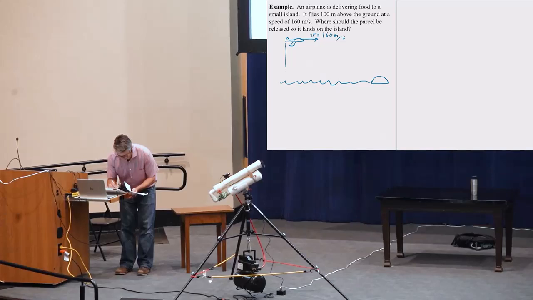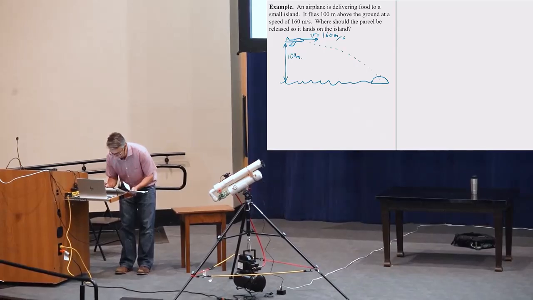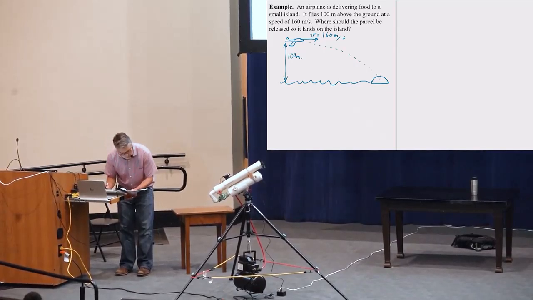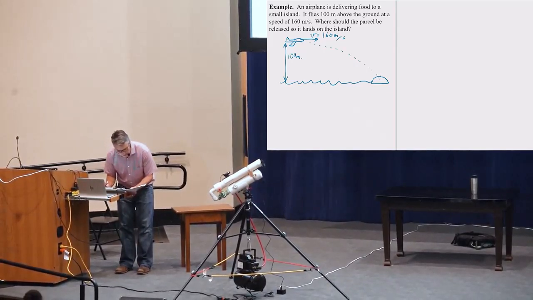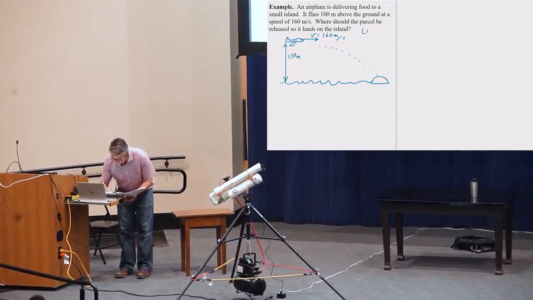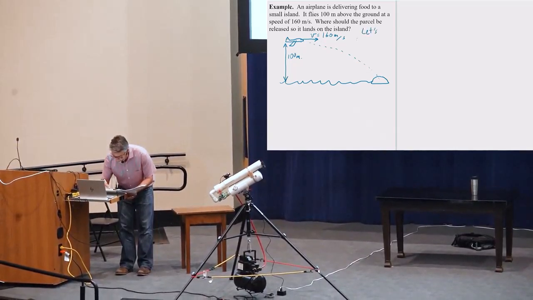And it's at some height of 100 meters. And then I think what goes on is that this parcel is supposed to fall down and hit the island or something. I think that's the basic idea. And what we're going to do, I like to write down things like, let's assume no air resistance.